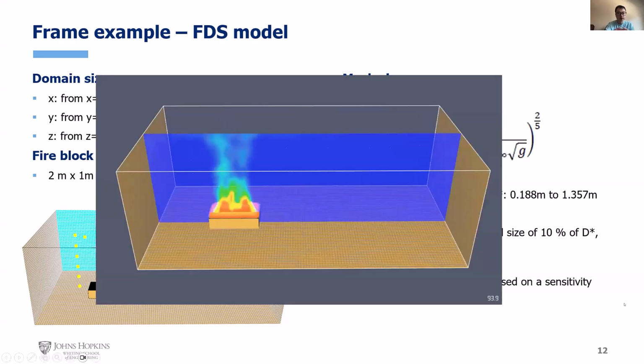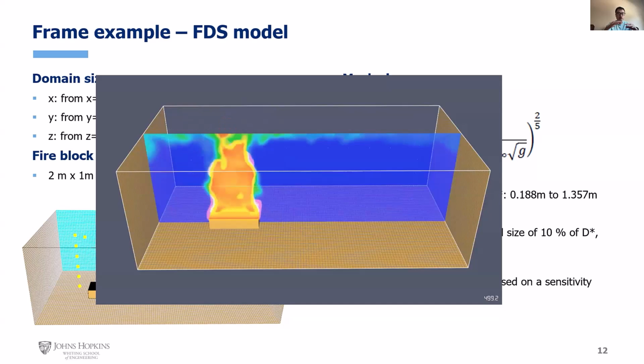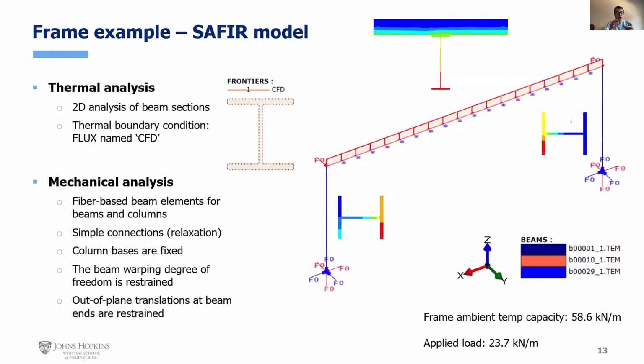In the next slides, we show the animation we obtained from the FDS model. We can see the fire is restricted below the ceiling, and we can see how the fire propagates and impacts its surrounding environment.